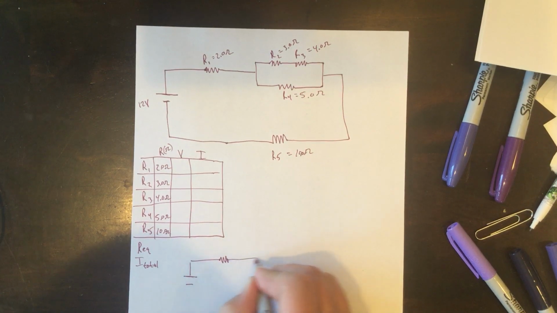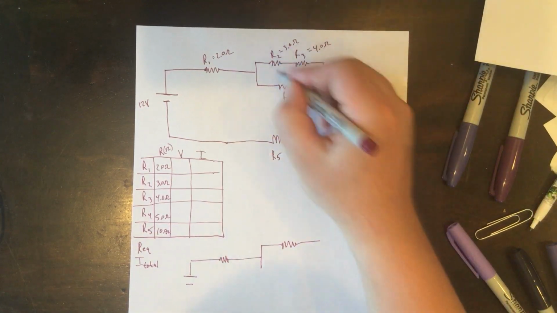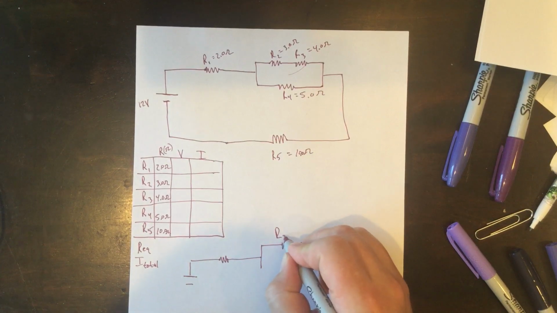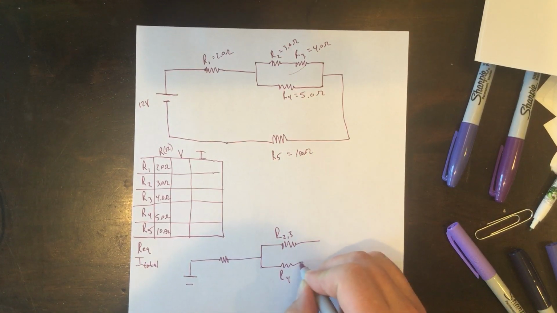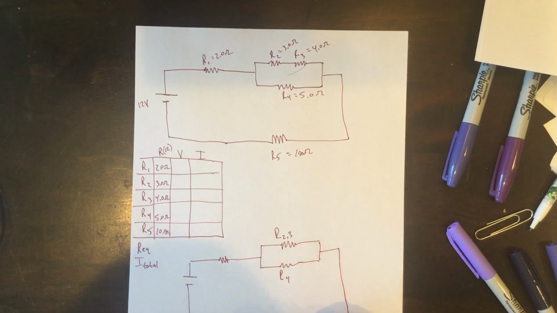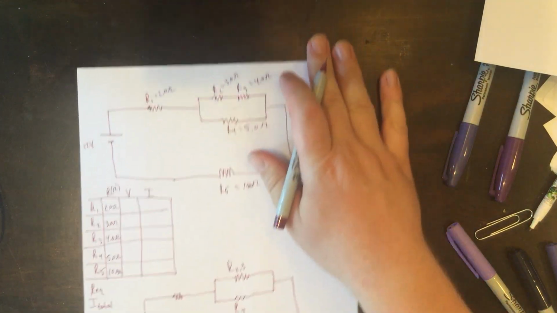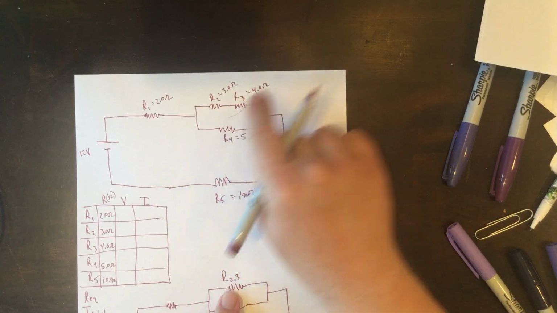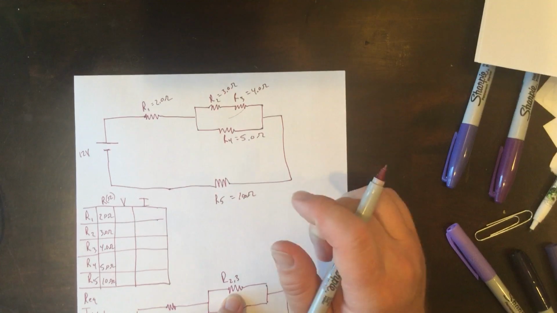We go to R1, we split, but now this right here is going to become what I call R23. This is still R4, and then they come out and they go to R5. Still 12 volts, okay?